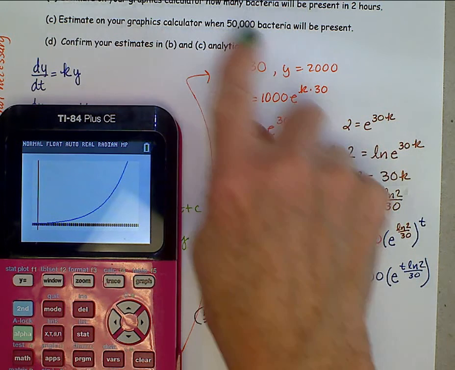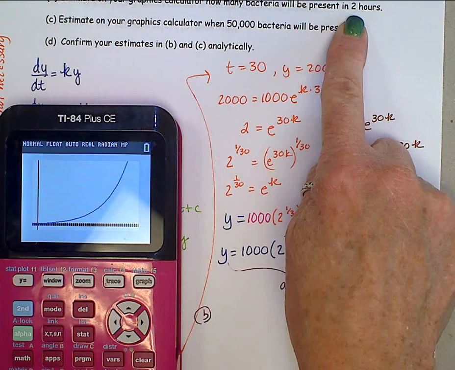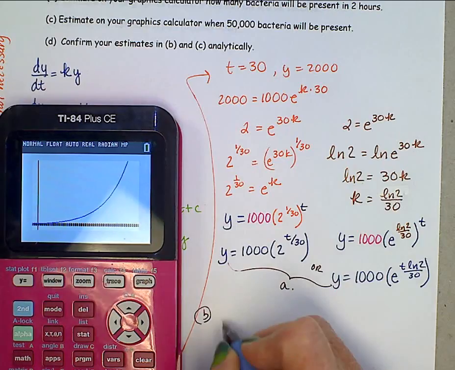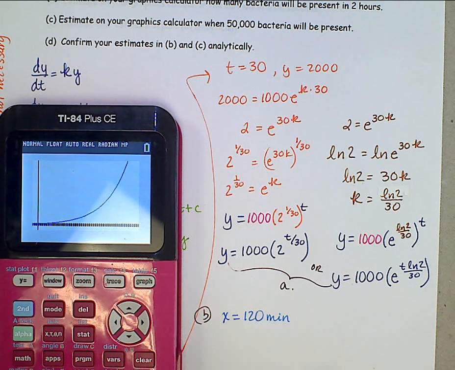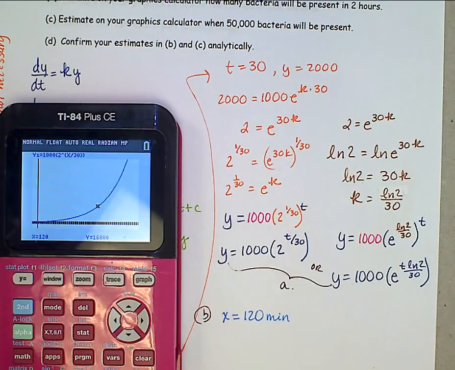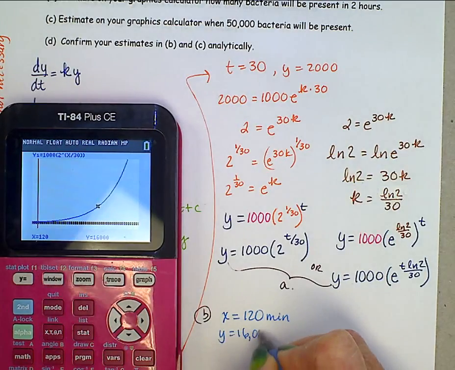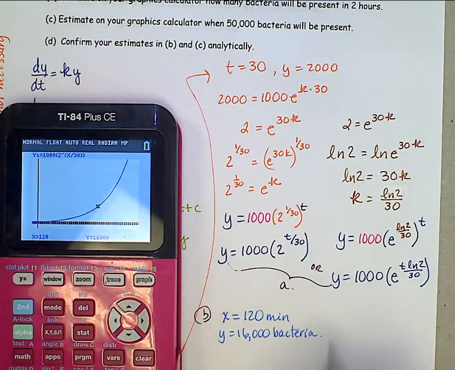And on your calculator, how many will be present in 2 hours? We just have to solve that. That's going to be when X is 2 hours, 120 minutes, because our time is in minutes. So we do a value at 120 minutes, and that means that we have 16,000 bacteria. Done.